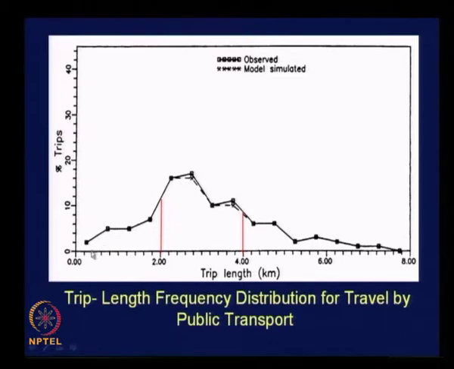How many points do you have from 0 to 2? 1, 2, 3, 4, and if you consider this as a point, then 5, or how many segments do you have? 1, 2, 3, 4 segments, right. So this point pertains to trip length of what distance?